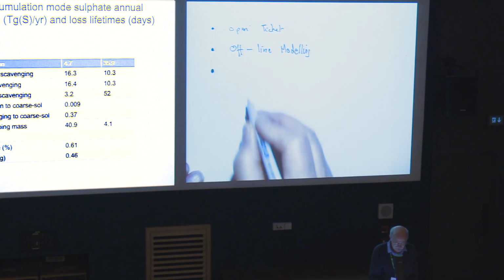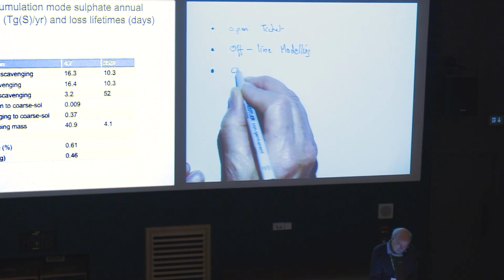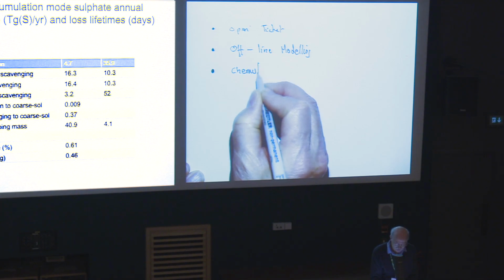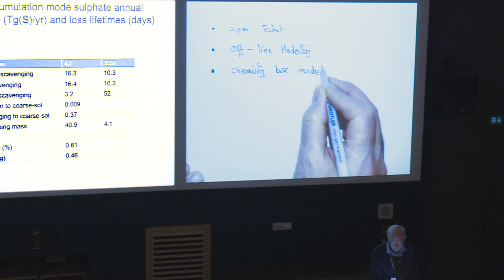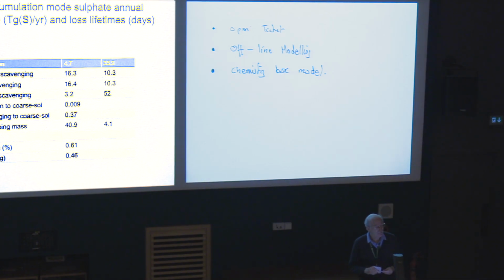So you got through this step. And there is a chemistry box model. I wouldn't use it as a research tool because it doesn't have any details like boundary layer depth. It's just a box model for the chemistry. It's a very simple driver and it can have the same routines as in the full model.